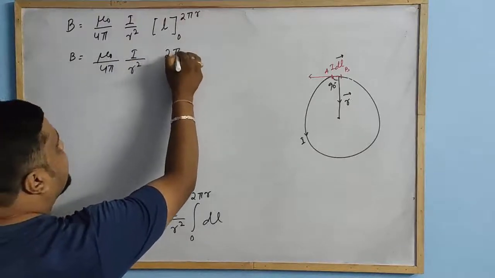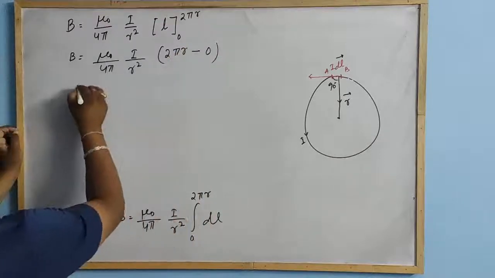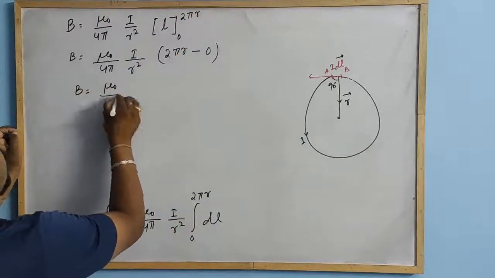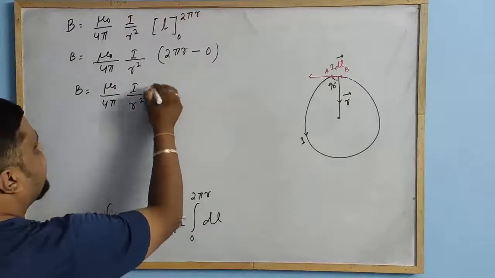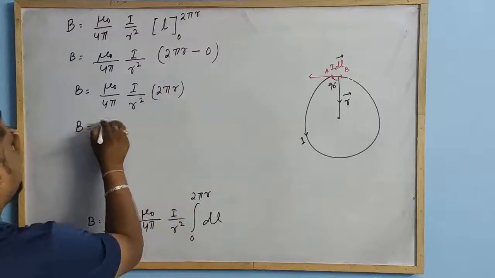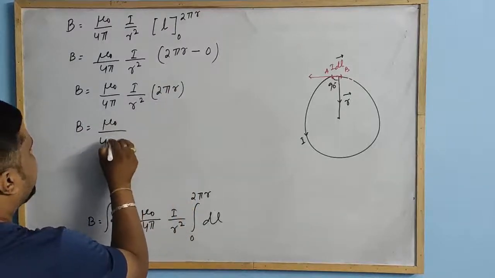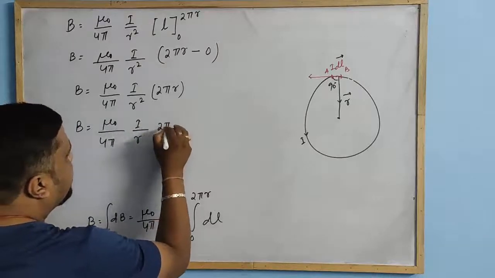Upper limit is what? 2 pi r minus lower limit. So B is equal to mu naught by 4 pi I by r square into 2 pi r. So this is equal to mu naught by 4 pi I by r into 2 pi.